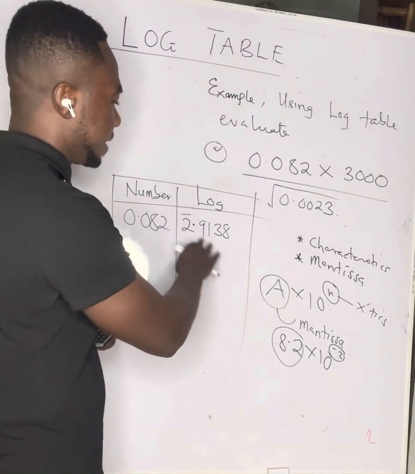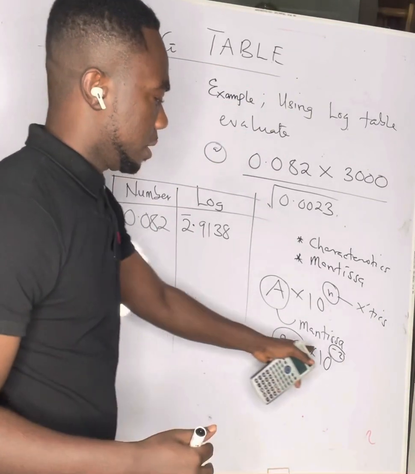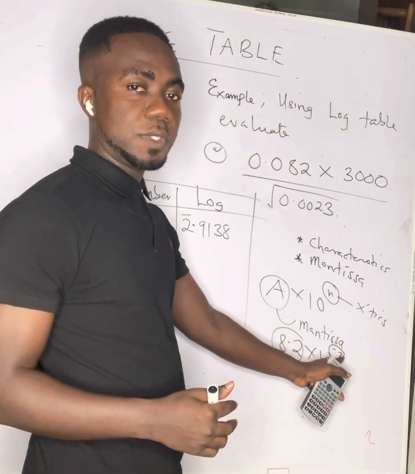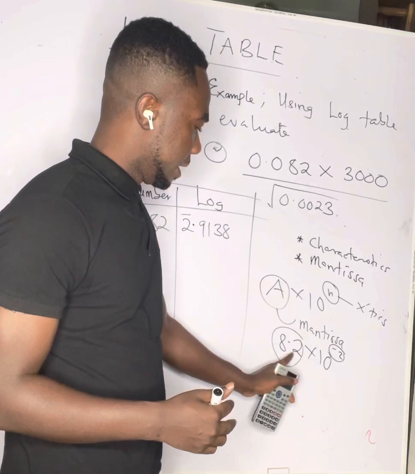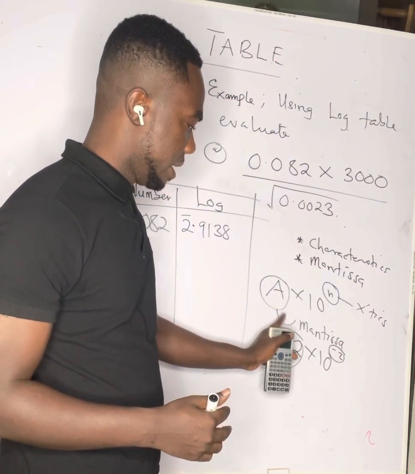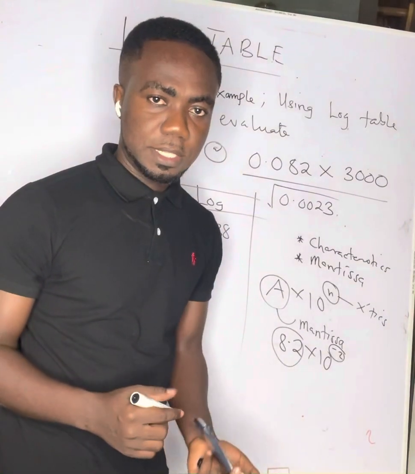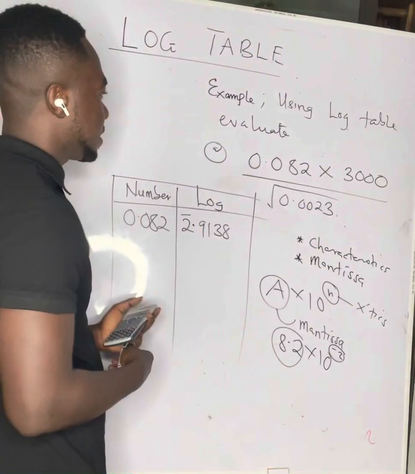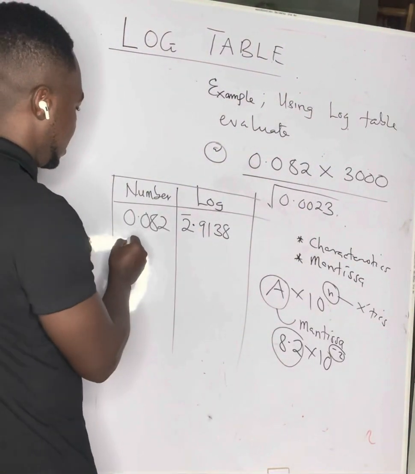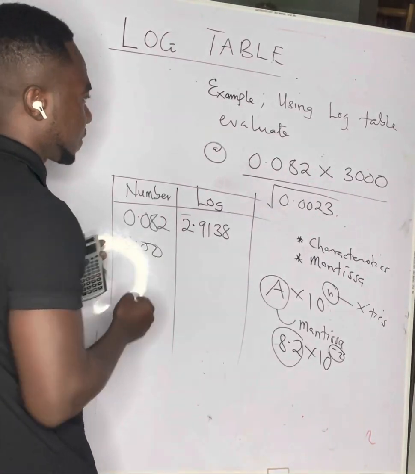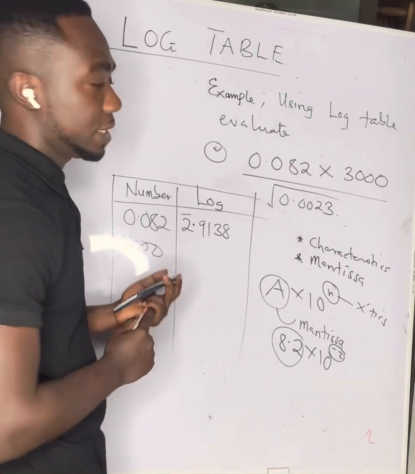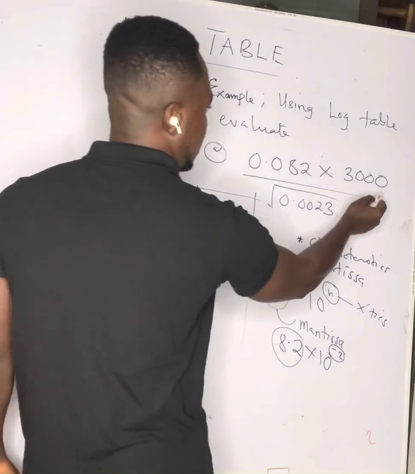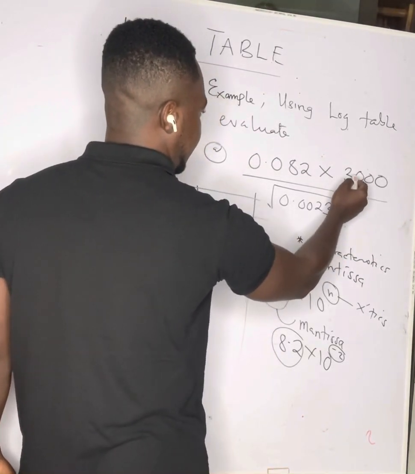So first, write it in the standard form. The exponent becomes your characteristics. The log of the number here, the a, becomes your Mantissa. Okay. The next number there is 3000. Write 3000 in the standard form. So move 1, 2, 3.